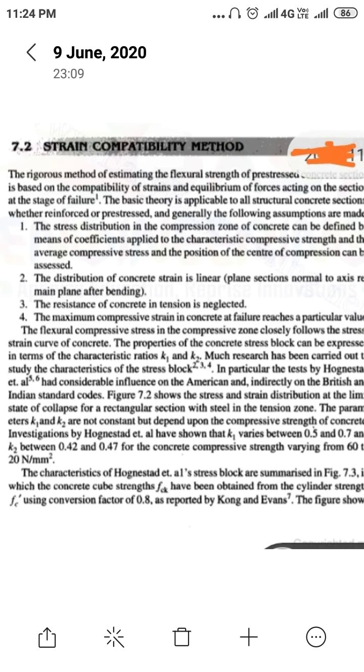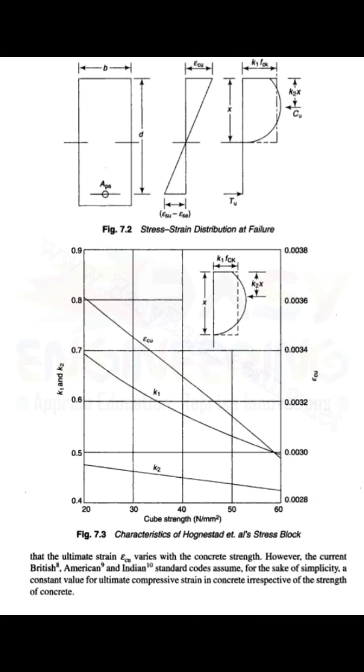Here you can see in this figure a block of breadth B and effective depth D, where APS is the area of the steel. In figure 7.2, you can see the stress-strain distribution at failure. Epsilon cu is the strain in the compression, and FCU minus FCE is the difference between the compression and the tensile strain.